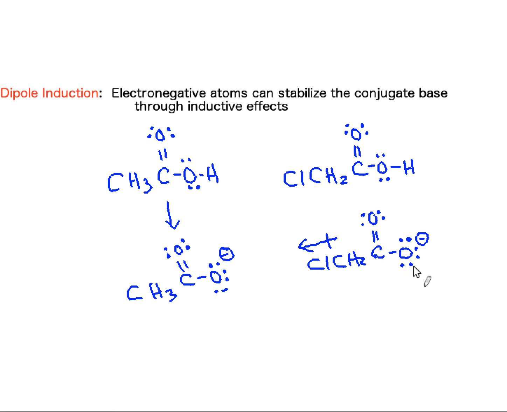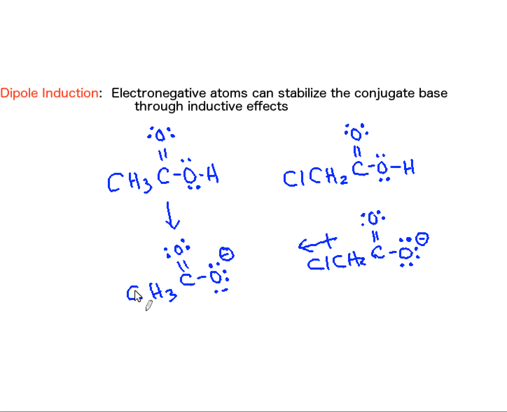Well, if we have a negative charge in the conjugate base and we have sort of a vacuum cleaner for negative charge, helping pull it through these sigma bonds, distributing it throughout the molecule, that has a net stabilizing effect. Right? The chlorine wants the extra electron density. It wants that negative charge, and if we provide it in this conjugate base, that's a good stabilizing effect.